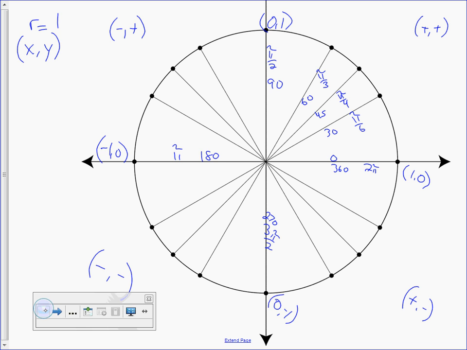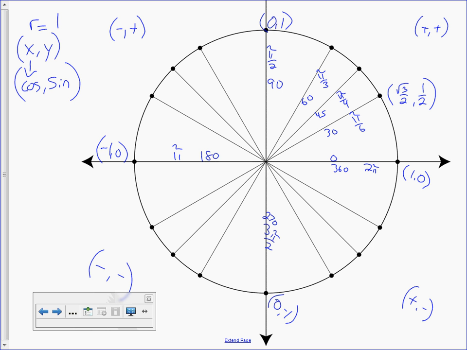So when I go to my unit circle, I know that the cosine of 30 degrees is root 3 over 2, and the sine is 1/2. That means the ordered pair on the unit circle for 30 degrees, or pi over 6, is root 3 over 2 and 1/2. Remember, cosine, comma, sine.